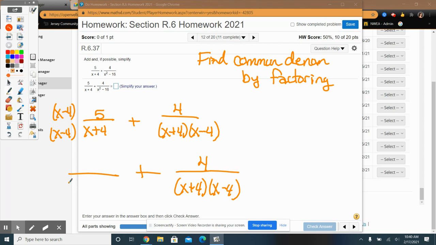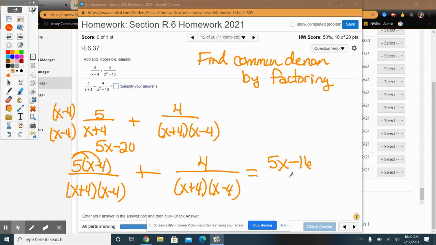So I have to multiply the top and bottom by x minus 4 to get the common denominator. And now in the top, I have 5 times x minus 4. Well, that's the same thing as 5x minus 20. So if you add 5x minus 20 plus 4, I actually get 5x minus 16 over that denominator, which is x plus 4 and x minus 4.